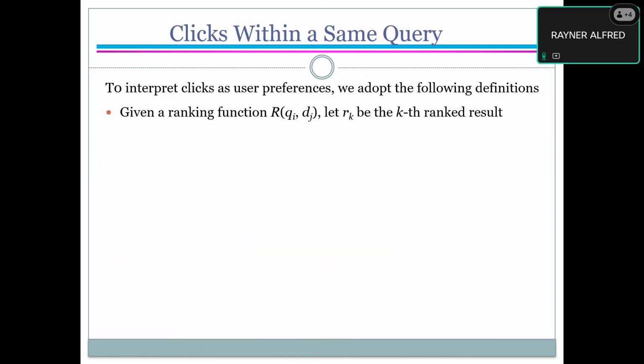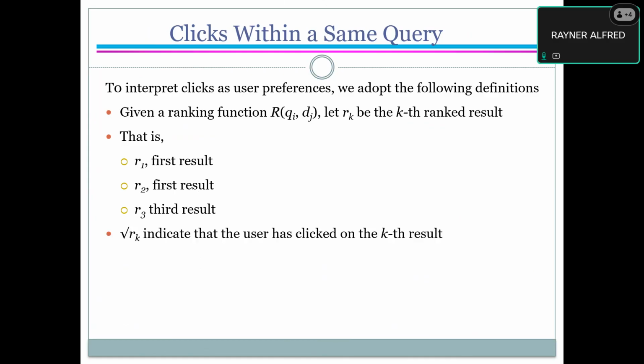Okay. For example, given the query I and document J. So when we click, we have to mark that that document is important with respect to the query. So if we click a certain document, which is the K document, we will mark it with this symbol.